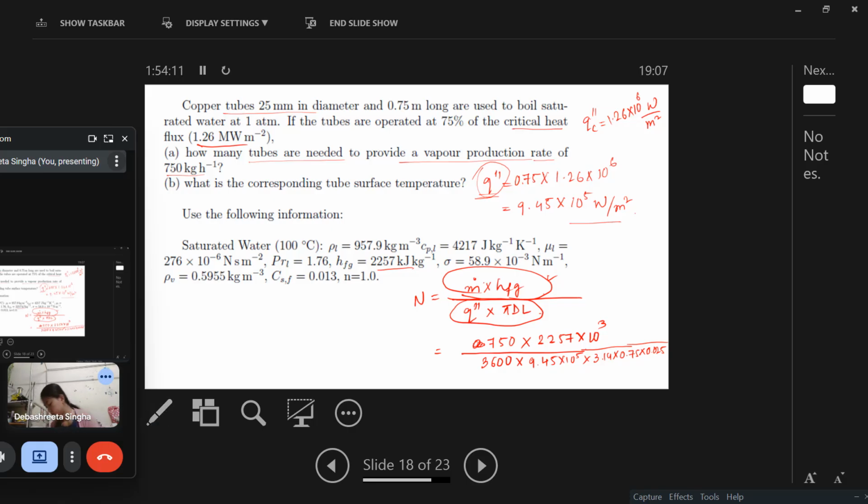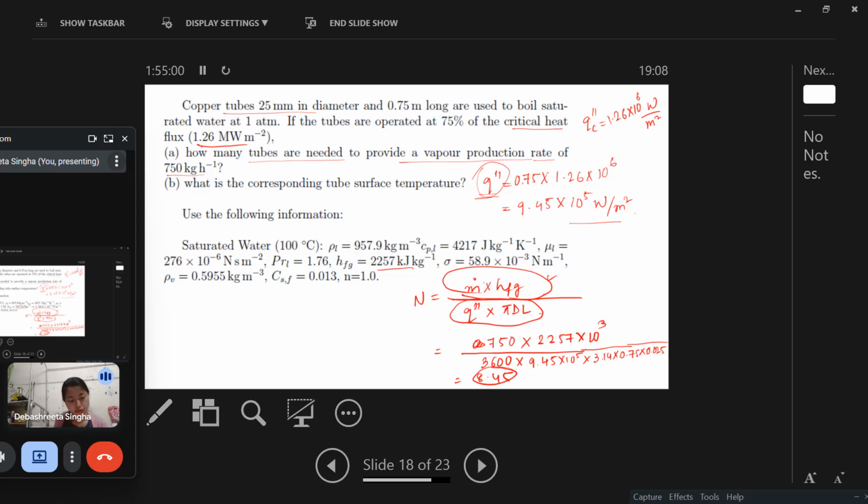So how much do you get? 845 times 10 to the power minus 2. So it will be 8.45.